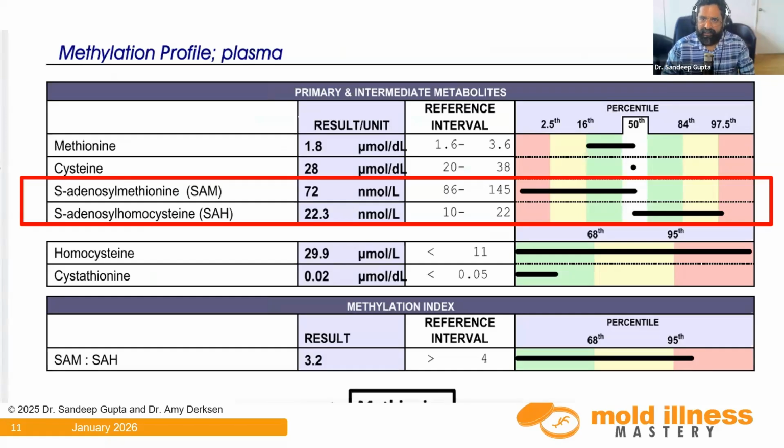Then this was the plasma methylation profile with Doctor's Data, and it did show that she had very deficient SAMe as compared to the SAH, and very elevated homocysteine levels. You can see that in any form of chronic inflammation.